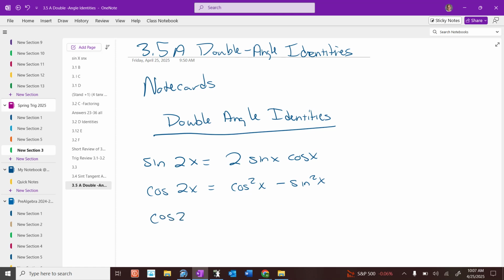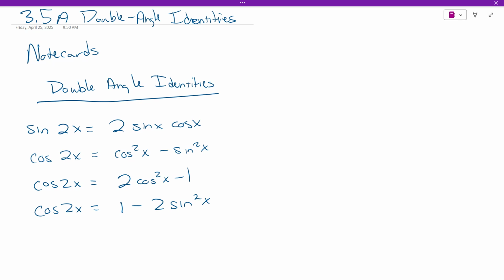The cosine of 2x is also equal to 2 cosine squared of x minus 1. The cosine of 2x is also equal to 1 minus 2 sine squared of x. And the last one is a tangent.